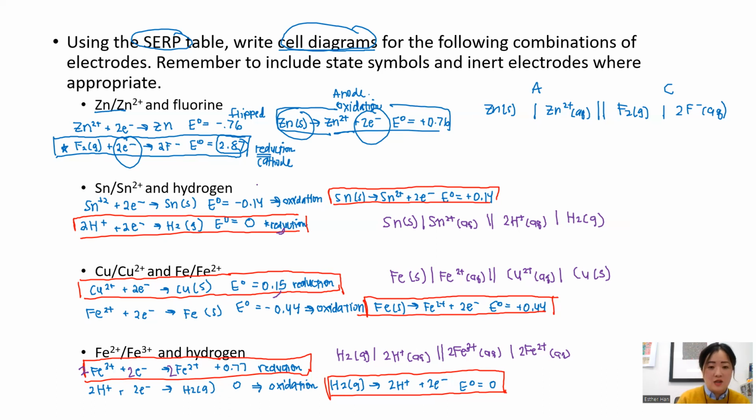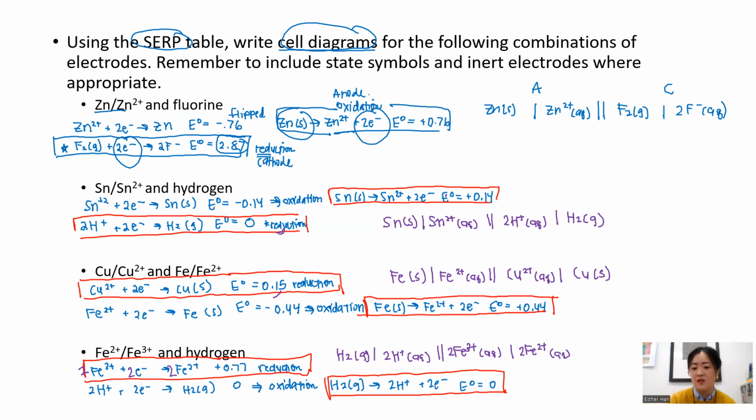The other reaction, you want to flip and turn it into an oxidation reaction. So all you have to do is flip the products and the reactants, and then the cell potential will change in terms of its sign. It goes from negative to positive every time you flip it. So that's kind of what's going on over here. And this last one is a good one to note. The oxidation one doesn't have the cell potential changing at all.